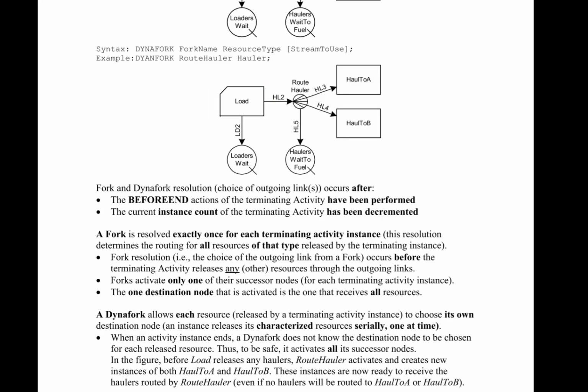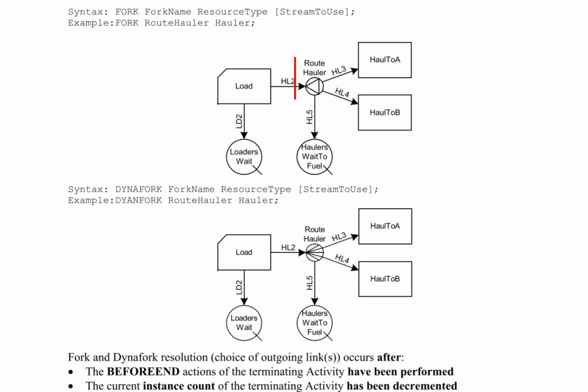A fork and a Dynafork choose their outgoing links differently. A fork is resolved exactly once for each terminating activity instance, for example, load. In the example above, it determines the routing of all haulers released by the terminating instance of load.